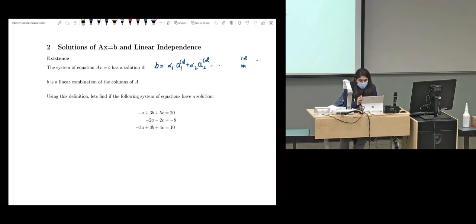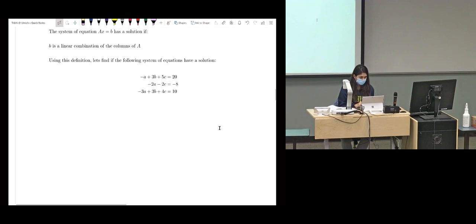And the intuition and all of that theory is in our lectures, and we can go over it. But if you were to summarize that whole discussion, you can just say that the system of equations AX equals B has a solution simply if B is a linear combination of the columns of A.